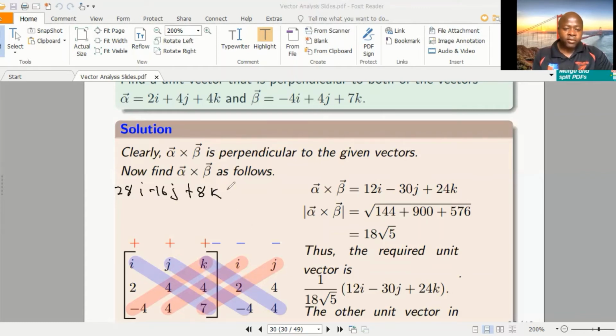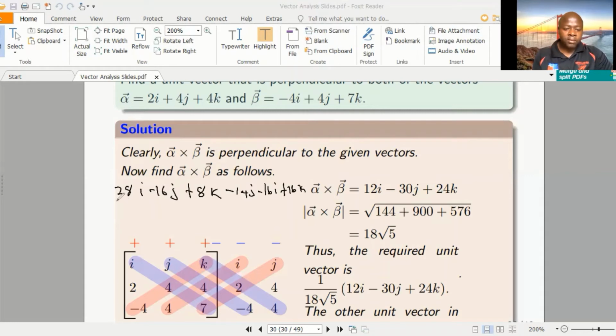This will be -14j, this will be -16i, and this other one is -16k, but now when we subtract, we get +16k.